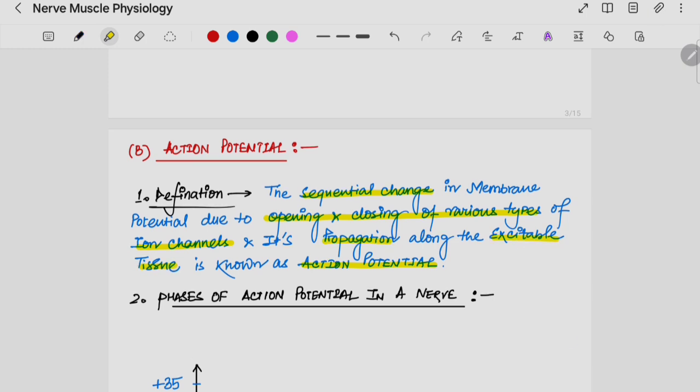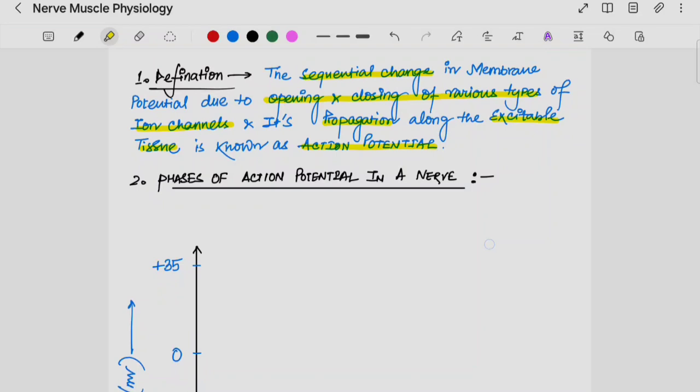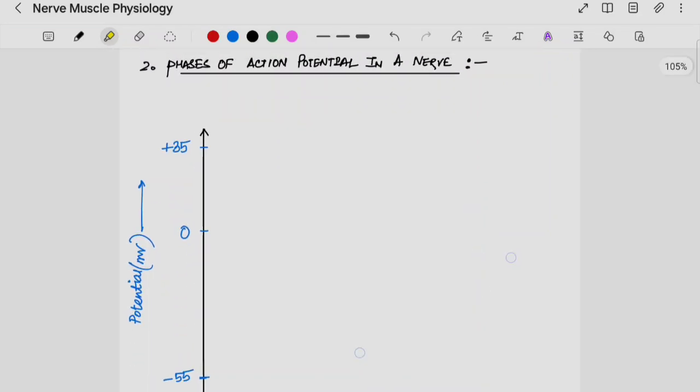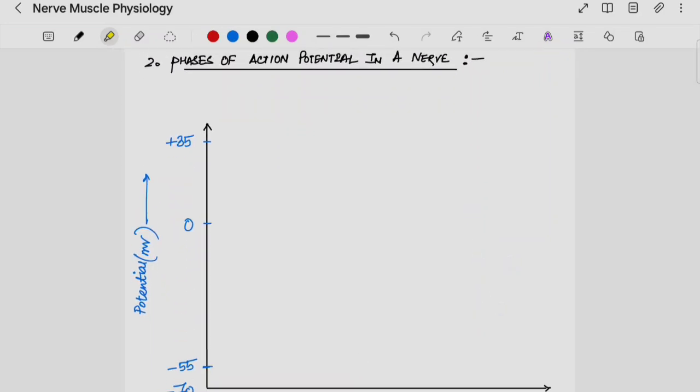Now we are going to understand the different phases of the action potential in a nerve, or you can say axon, right? So here we can clearly understand the different phases.